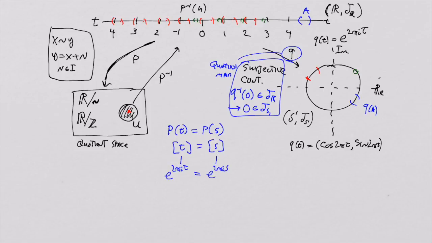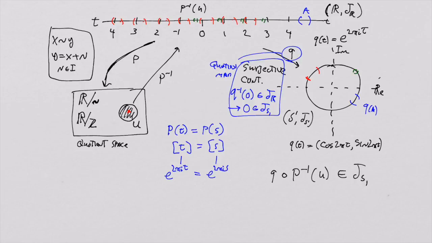That's important because now we know that Q after P inverse of an open set is an element of the topology of S1.